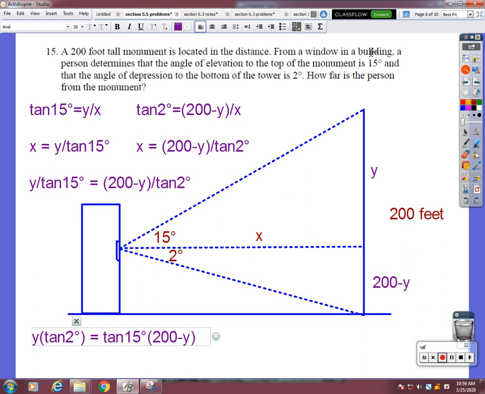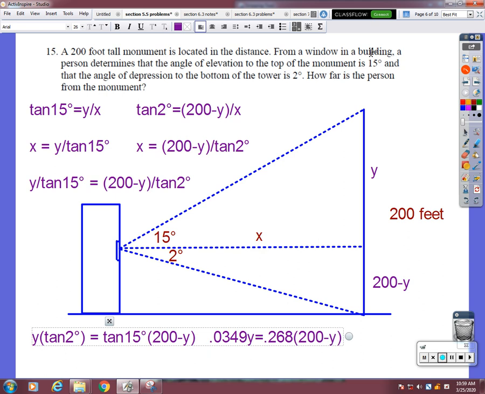Okay, so now let's go ahead and figure out what those tangent values are. So the tangent of 2 degrees is going to be a really small number. That is 0.0349, so 0.0349y equals the tangent of 15 degrees, which is 0.268, times 200 minus y.